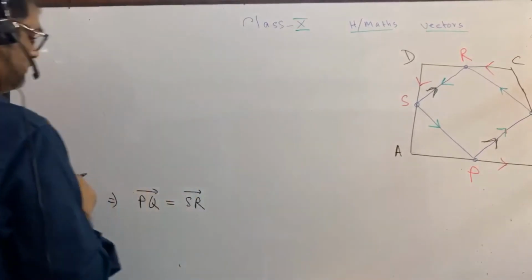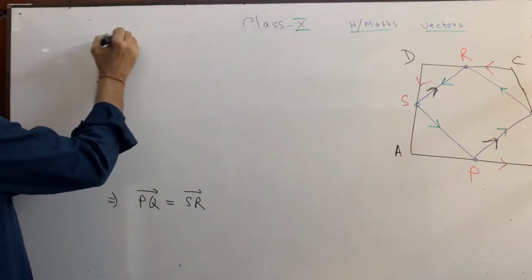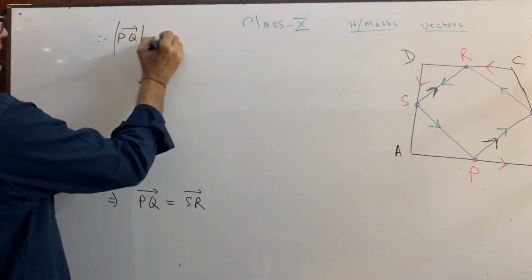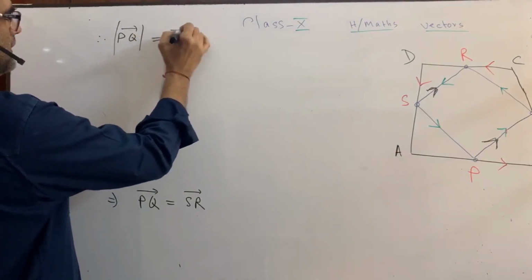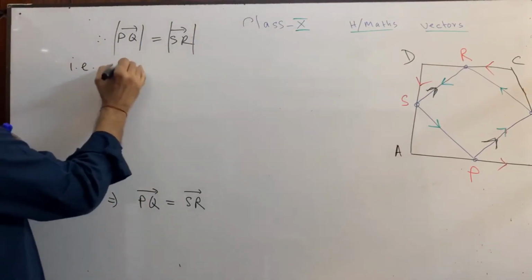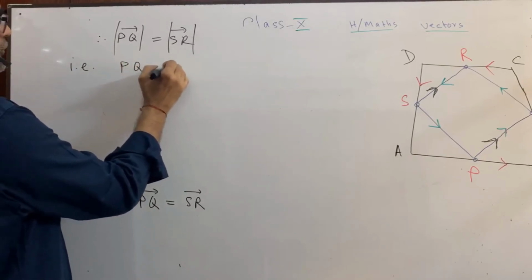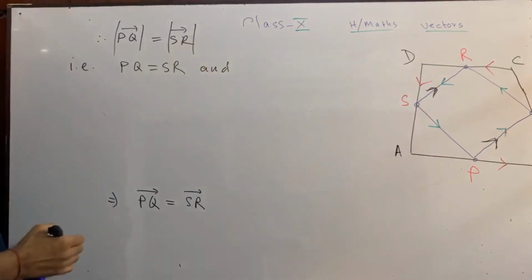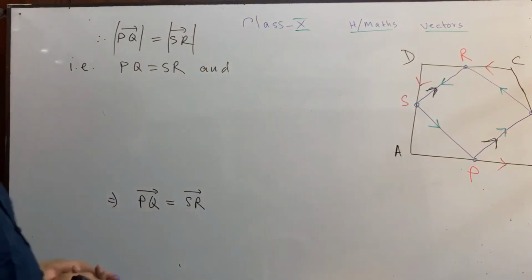After that you write down, therefore PQ equals to SR, and can you remember the lines of support?